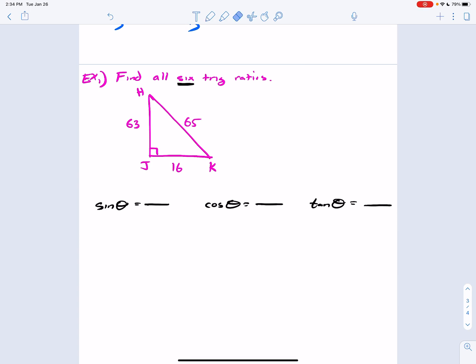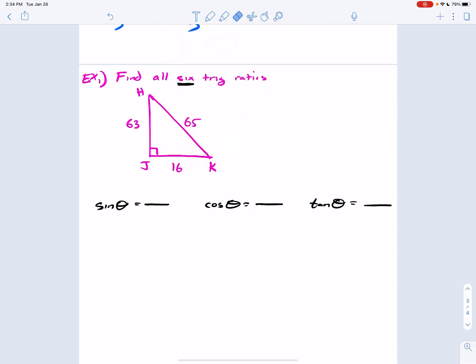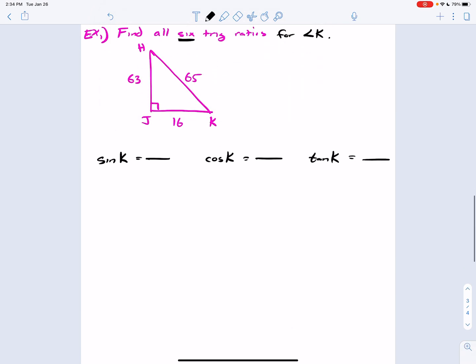And actually, let me add to this here. Find all 6 trig ratios for angle K. That'll make a little bit more sense. So instead of theta, I'll put K there. And then right below this, you're going to write down all of the reciprocals.